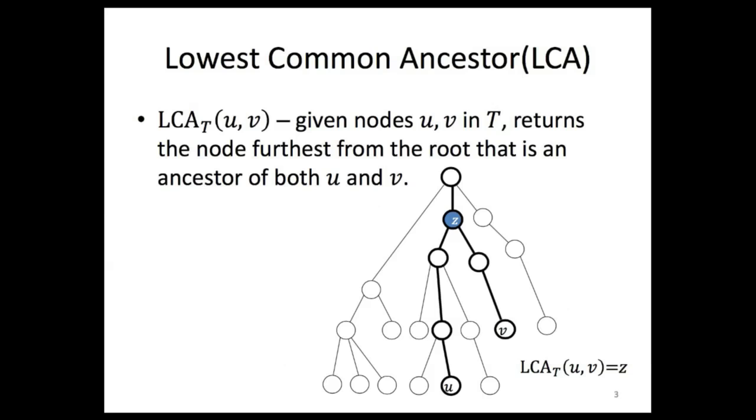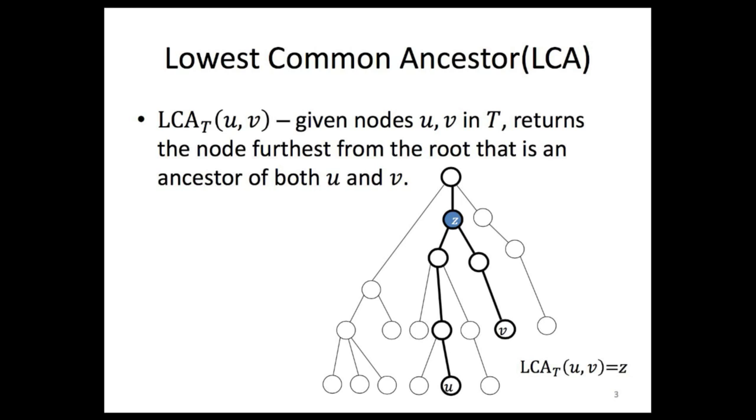Okay. So let's see the problem statement first. Given a tree, so you can see a tree over there, we want to find the least common ancestor of U and V, which basically means that you want to find the shallowest, the lowest node that is a common ancestor to those two nodes.